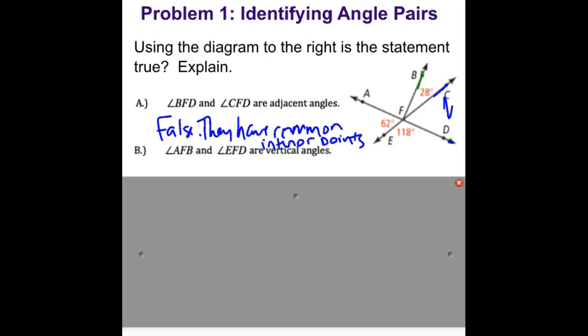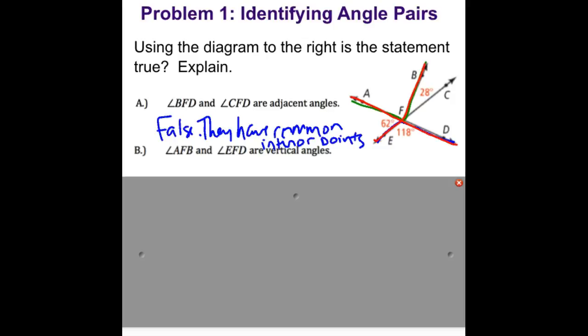The next one says AFB and angle EFD are vertical angles. Let's go find those. AFB and EFD. What you want to be able to do in order to have two angles be vertical angles is their sides need to be opposite rays. So you can say that FA and FD are opposite rays. But when you go from B to F to E, you're not drawing in a straight line.